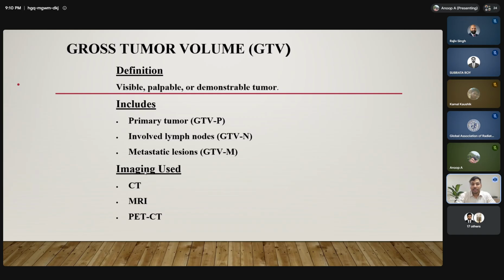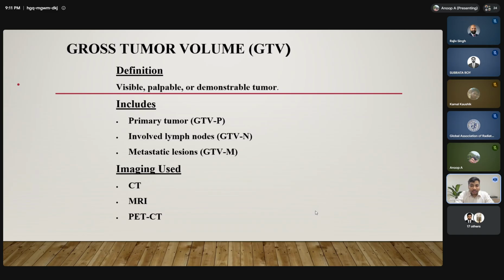Then lastly, metastatic lesions, GTVM, any distinct secondary tumors in other organs that are being specifically targeted. The GTV includes the entirety of the visible mass, which means it also includes any dead cancer cells, fluid-filled spaces, or areas lacking oxygen that are trapped inside the borders of the visible tumors.